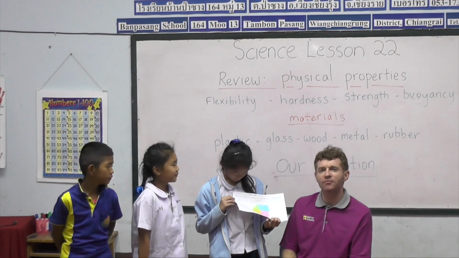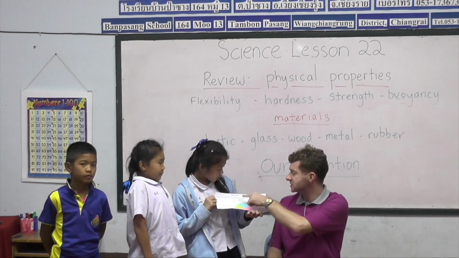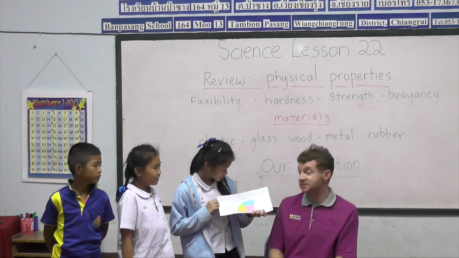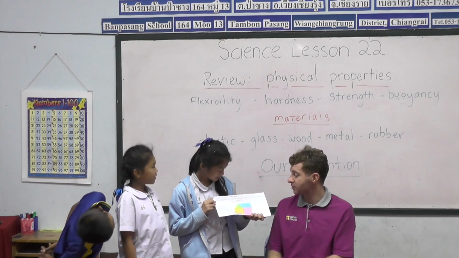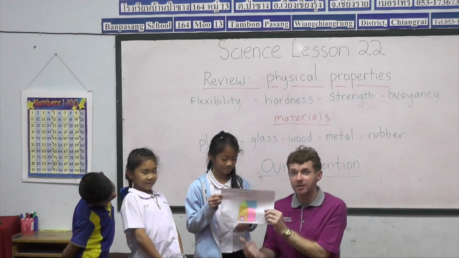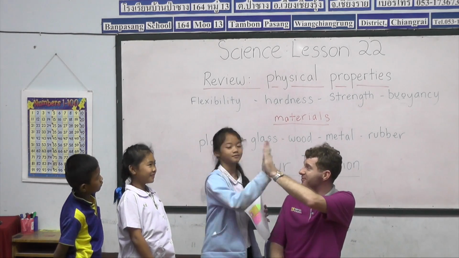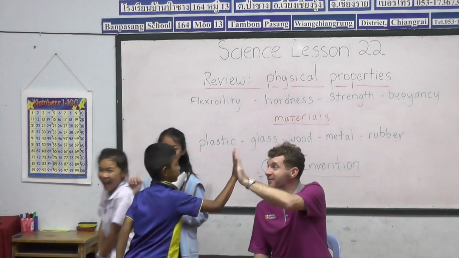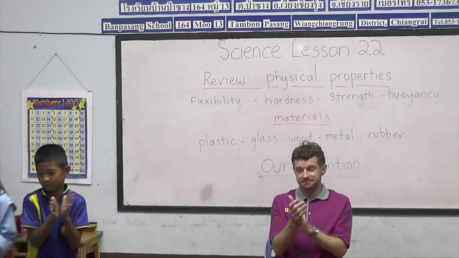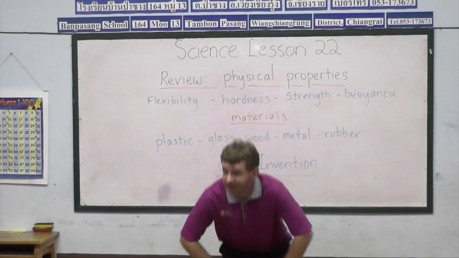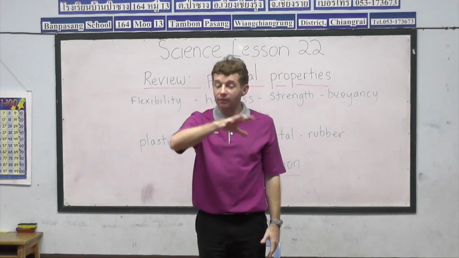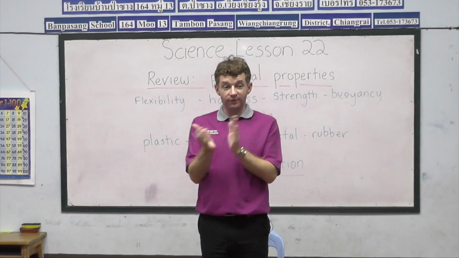And how about physical properties? Hardness and strength. And may I say, it's a very beautiful house. So well done to Team Pink. High five. And guys, give yourselves all another round of applause for a good exercise.